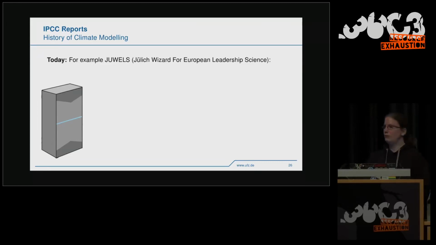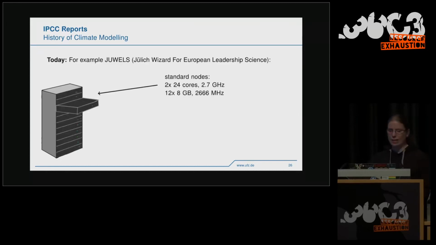Since supercomputers are fancy, shiny cupboards anyway, I thought this is okay. So we have these cupboards that look like shiny cupboards, and in these cupboards there are blades, and each blade is called a standard node, and consists of, in case of JULES, 2 times 24 cores with 2.7 gigahertz.